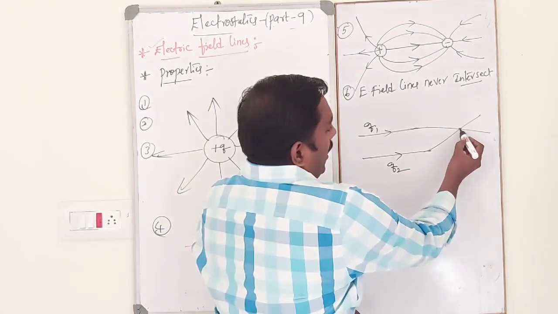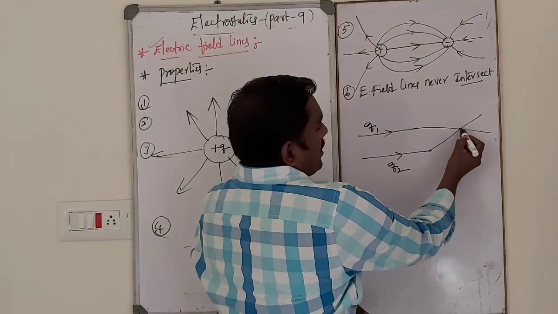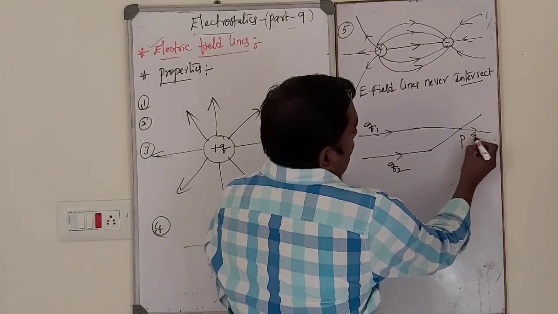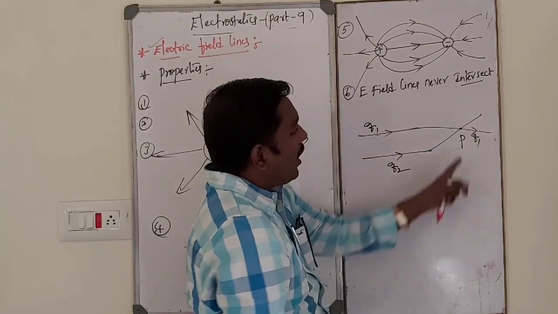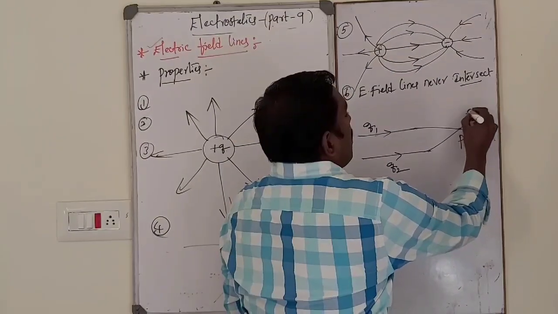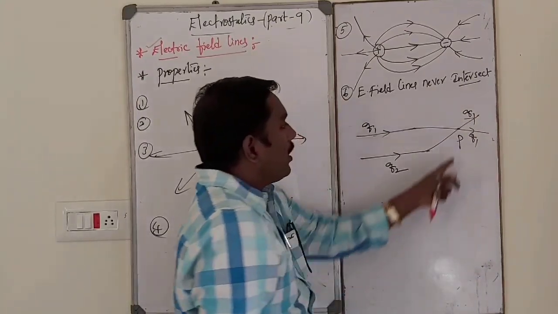See, at this point of intersection, the Q1 charge may flow in this way, or it may also flow in this way.